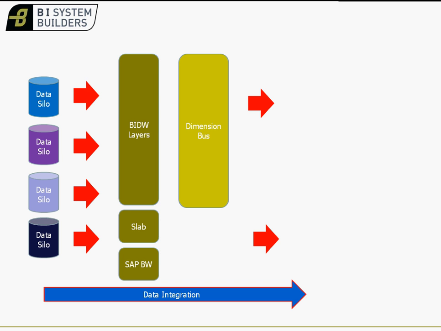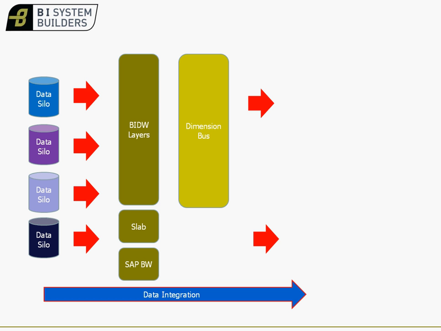Okay, so you've got data silos. The data is extracted, and some form of data integration will occur. It'll be cleaned, transformed, joined up. May go into BIDW layers, that's business intelligence data warehouse layers. So maybe into staging tables, and then it'll be transformed into a set of dimensional models.